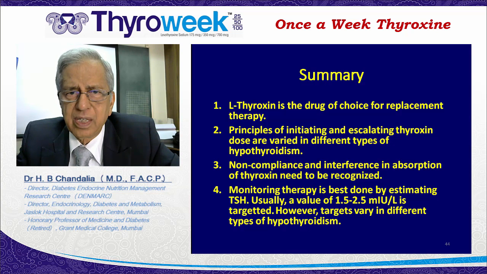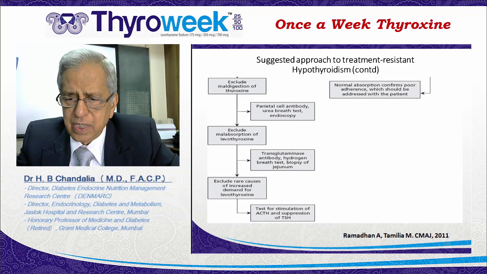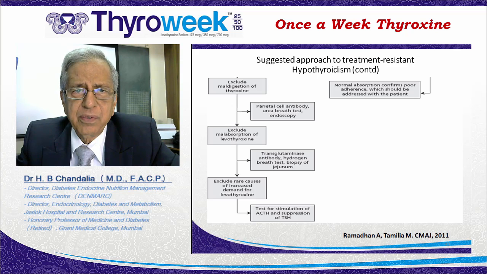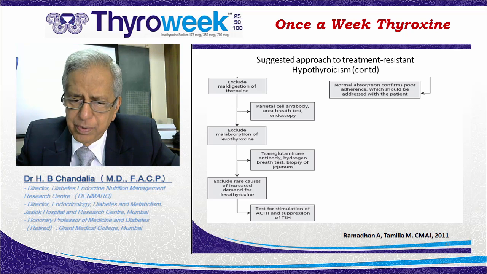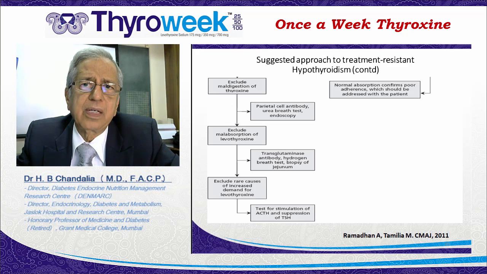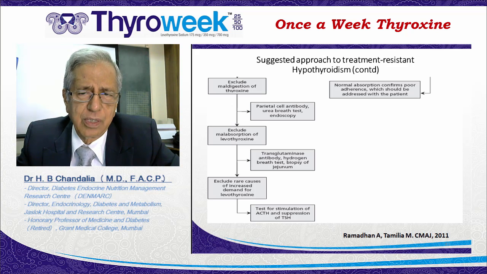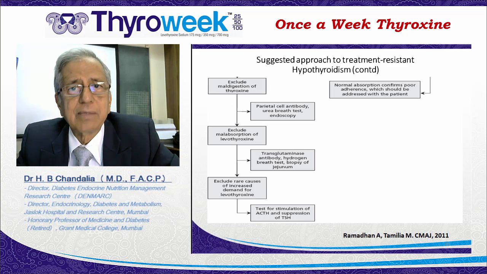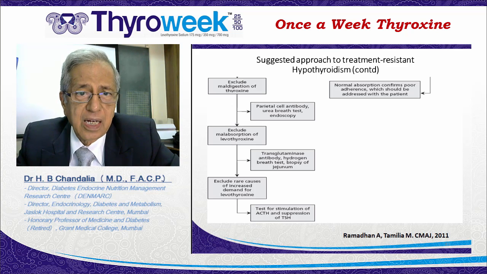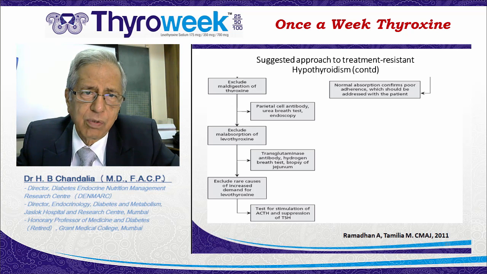But a very important thing I want to discuss is that if you have a patient who appears to be inadequately replaced in spite of your administering the thyroxine dose, which is like 1.8 microgram per kg of lean body mass, how should you sort out this problem? And remember that you can look at the possibility of drugs or food interacting with the thyroid preparation, and malabsorption syndrome.